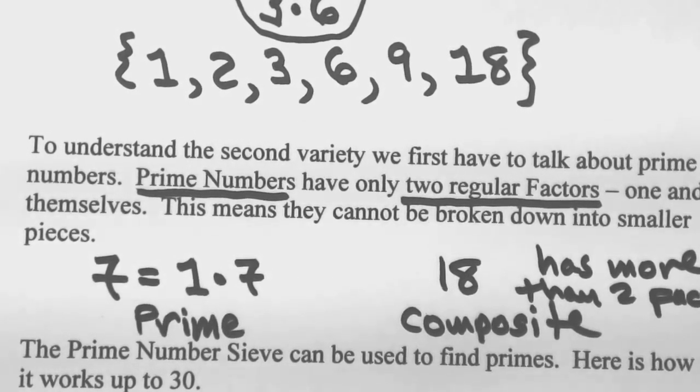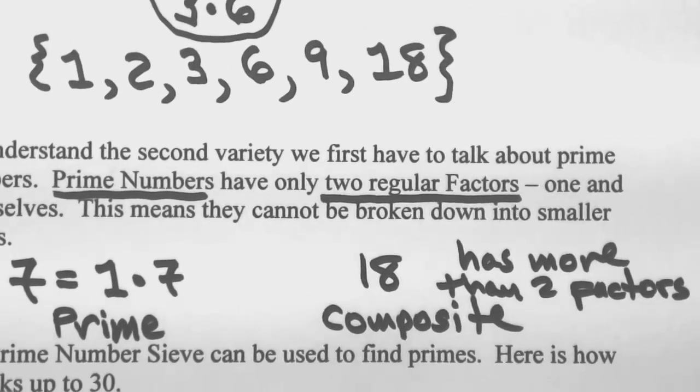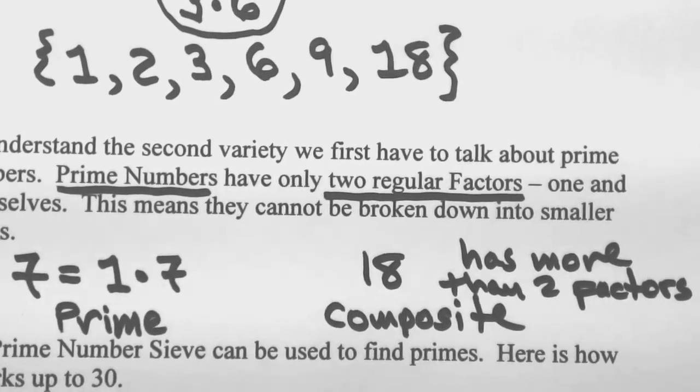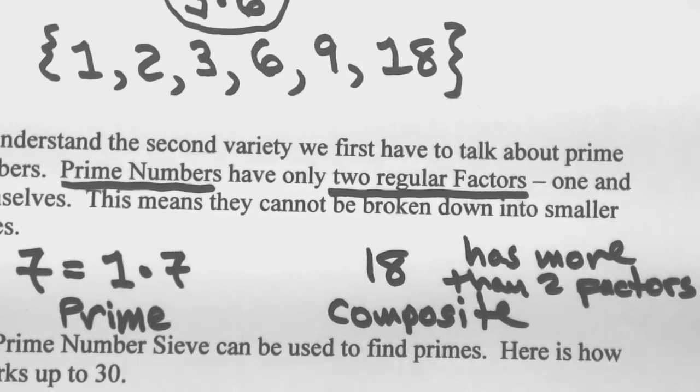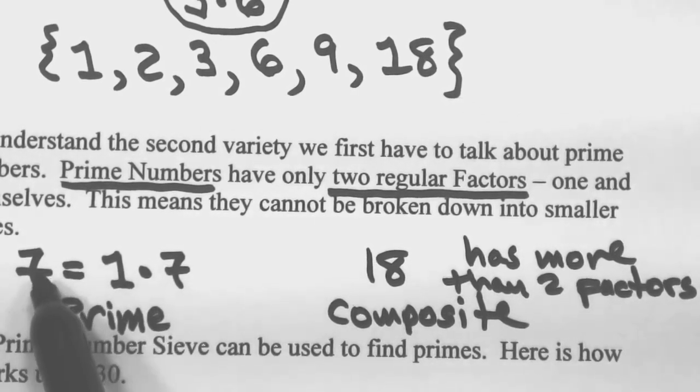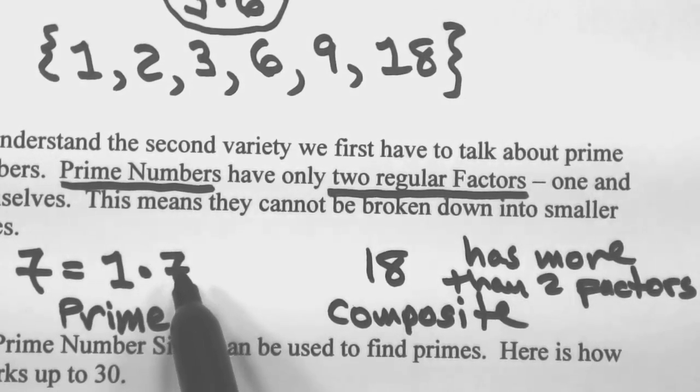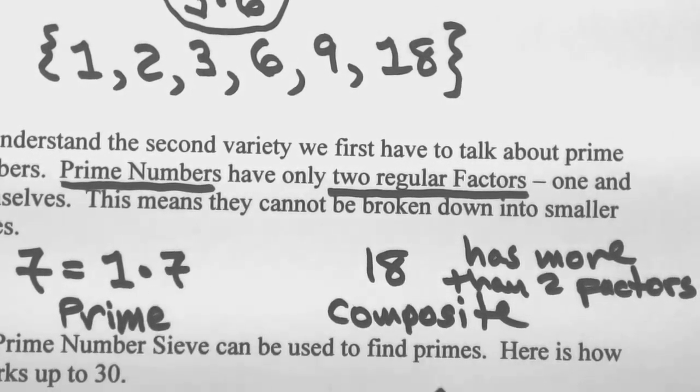Okay, so numbers can always be broken into either composite numbers that have more than 2 factors or prime numbers that have only 2. And of course, the key with primes is the 2 numbers are 1 and the number itself. Now notice the idea here. Primes cannot be broken down into smaller things. 7 remains 7 here. 1 times 7, we don't get anything smaller.